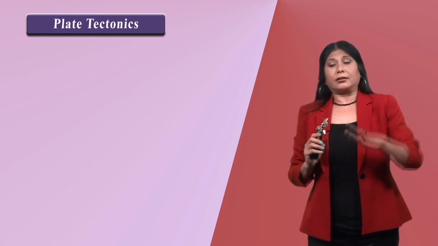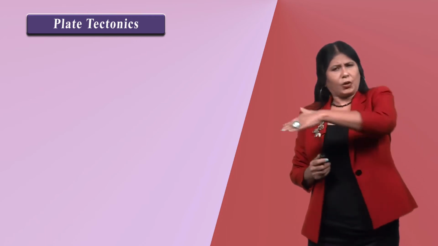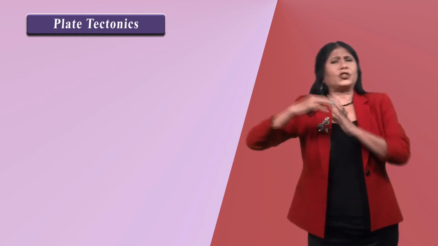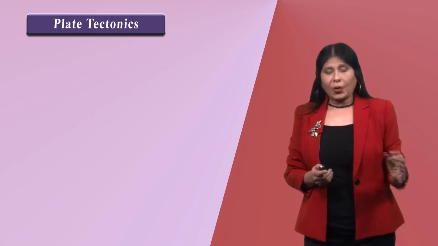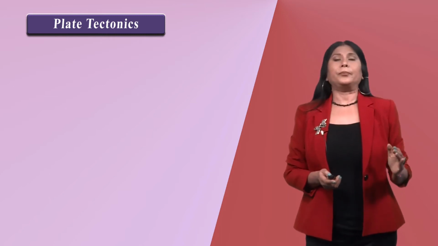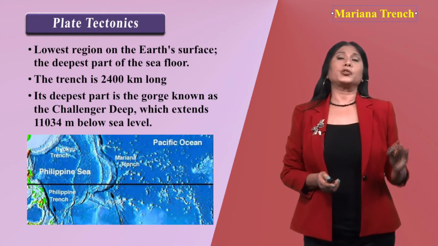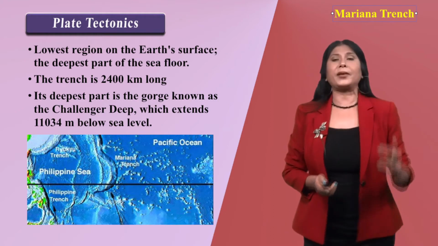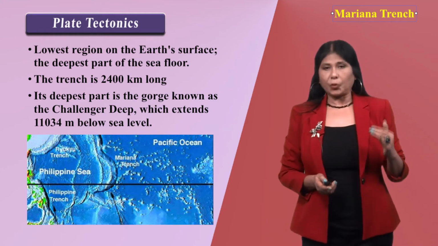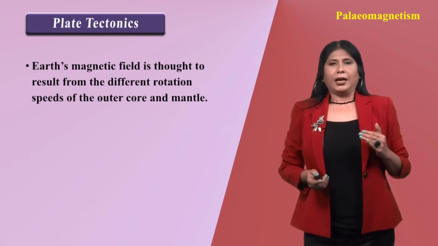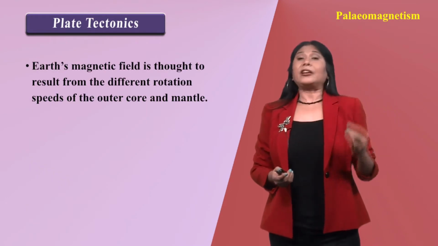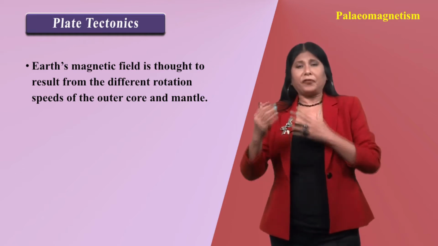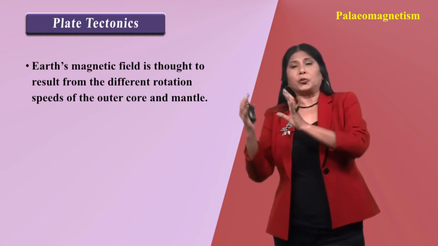It has tall mountains, long trenches and lots of islands, and some of these trenches are very long and very deep. The Mariana Trench is the deepest, found in the Pacific Ocean. So, regarding paleomagnetism, Earth's magnetic field is thought to result from the different rotation speed of the outer core and the mantle.